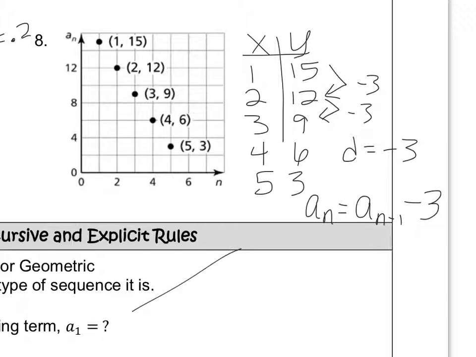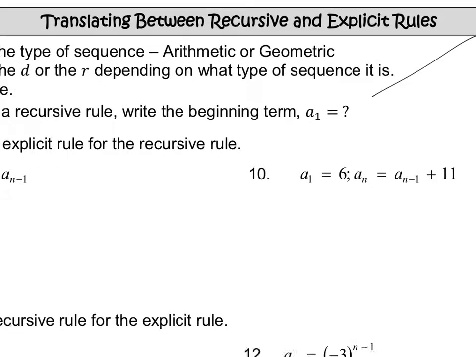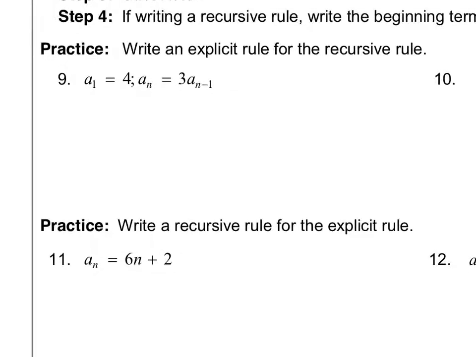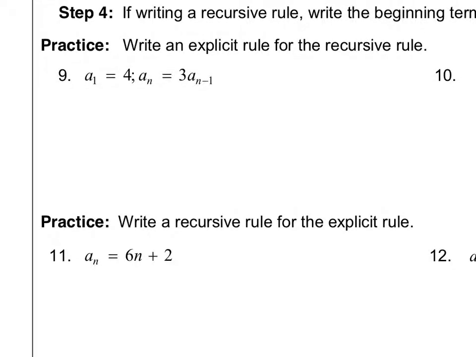Okay, so let's go ahead and move on over to number 9. And in number 9, they want us to write an explicit rule for the recursive rule. So translating that, they want us to write a rule that can work for any term, and what they've given us is a rule only for the term before.